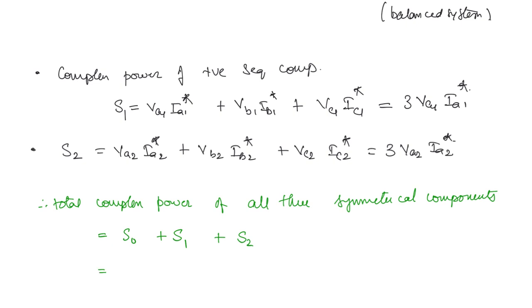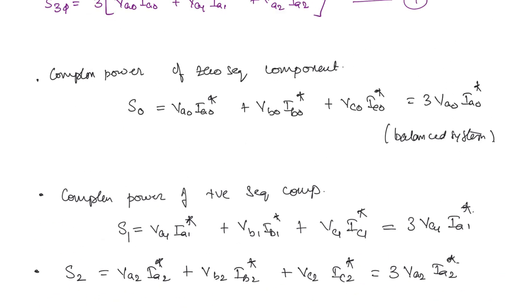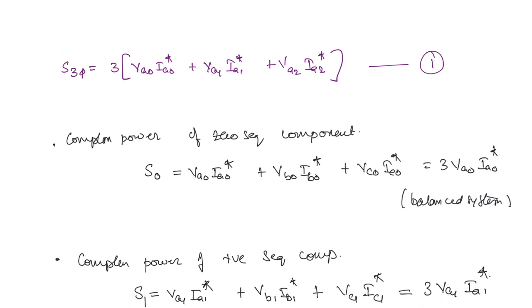We got S0 as 3 times VA0 IA0 conjugate, plus S1 as 3 VA1 IA1 conjugate, plus similarly S2 as 3 VA2 IA2 conjugate. This is equation 2, let us say. If you compare equation 1 and equation 2, you can see that both of them are equal.